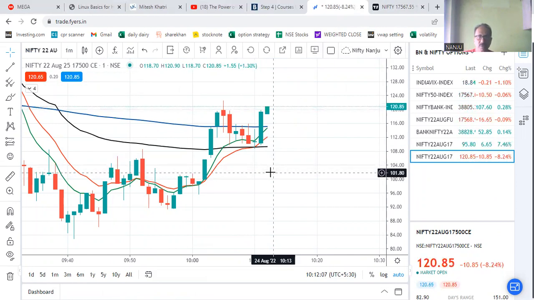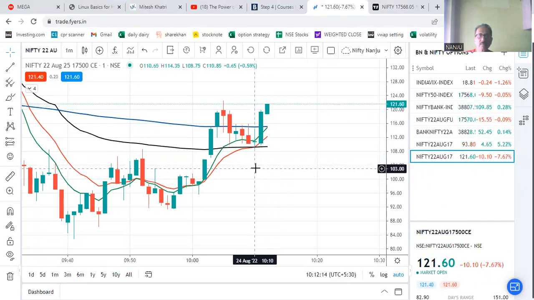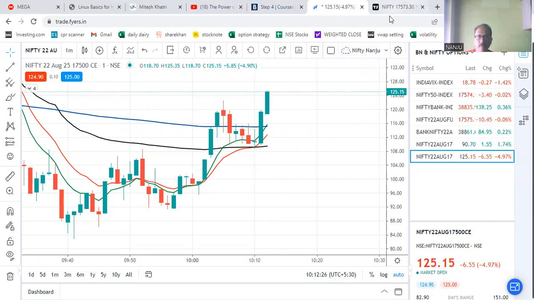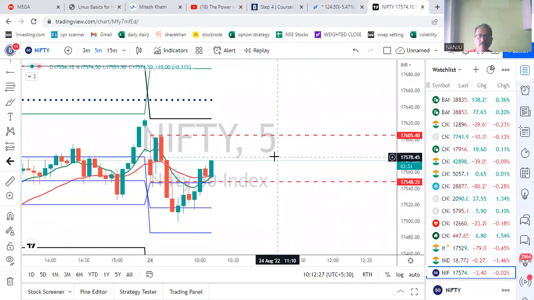See, the 17,500 call option is in my watch list. Here we can see we could have bought above VWAP, where the high is 114. But I did not buy it.